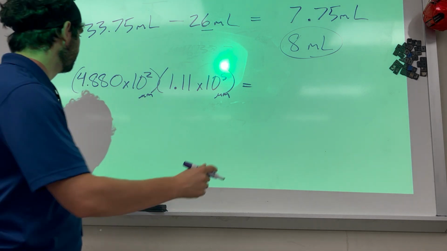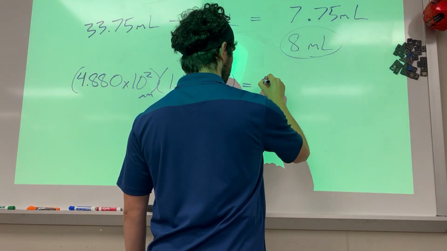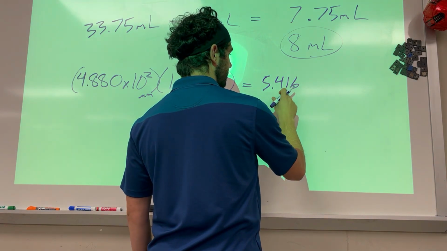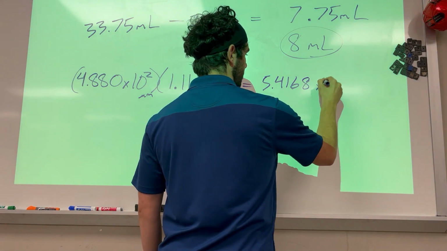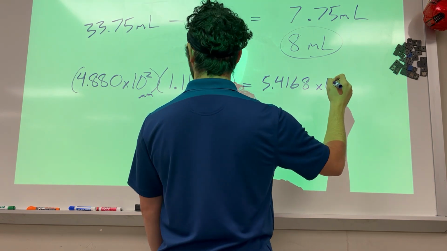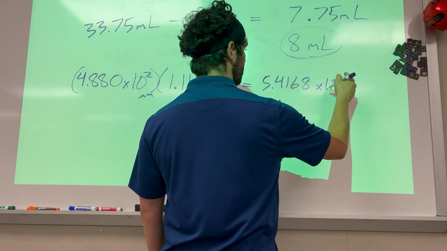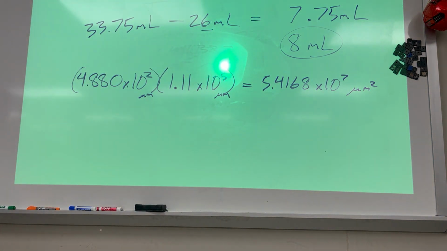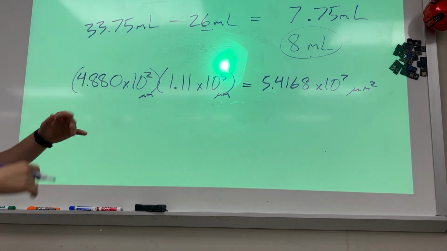Can someone help me out? 5.4168 times 10 to the 7. Micrometer squared. So we'll pretend it's a little area, a little box, a tiny box. Actually, it's not tiny because it's 10 to the 7. Whatever.